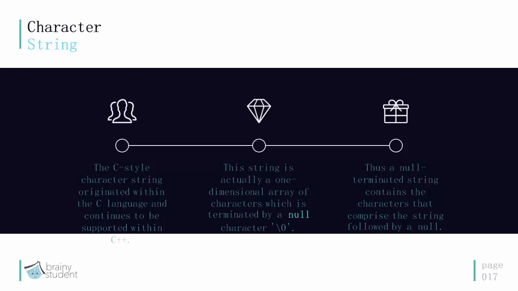In C++, strings of characters are held as an array of characters, one character held in each array element. In addition, this null character represented by \0 is appended to the end of the string to indicate the end of the string. So a string that has n characters requires an n plus one element array, because at last we will store a \0.